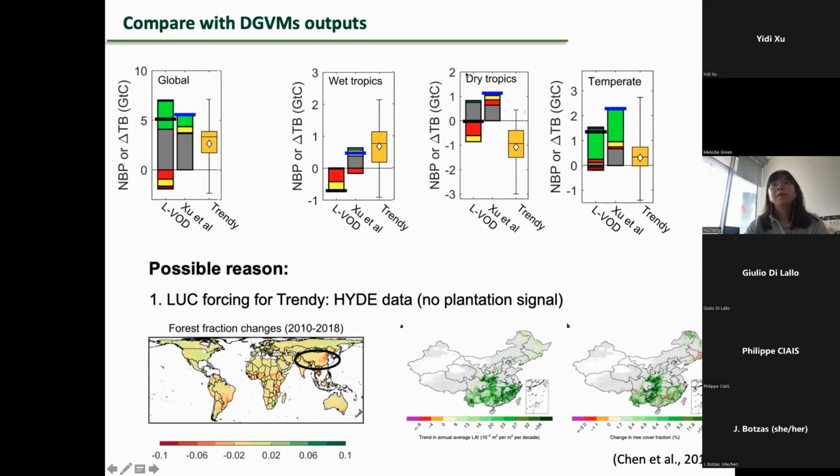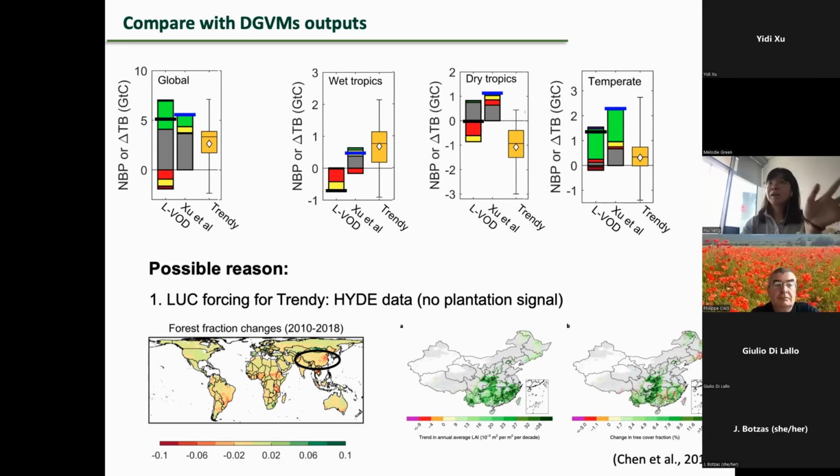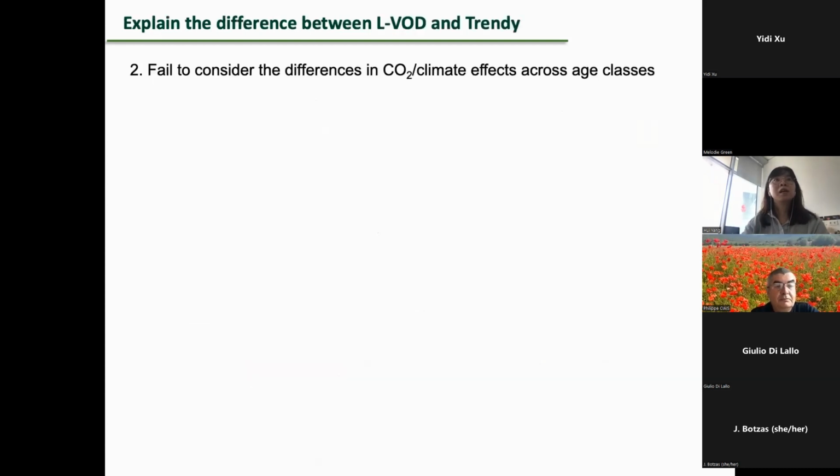For the tropical region, models don't consider forest degradation, small fire effects, or the fossil fuel limitation to growth. But besides all these possible reasons, we think another more important reason is that models don't include forest age information.